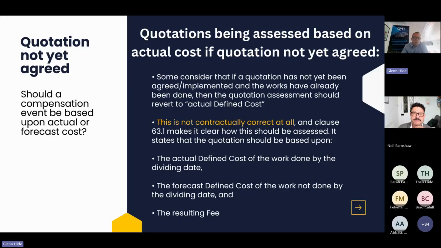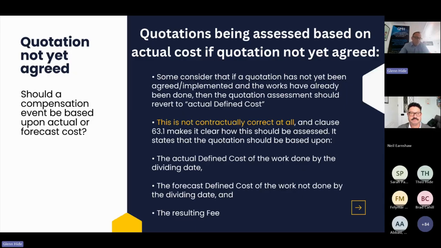Yeah. So I think the common misconception is that clients often might sit on a quotation and then think, well, if we haven't yet agreed the quote, we can switch to actual cost if it suits us. But then really weirdly, when the actual cost is more than the quote, then all of a sudden they want to follow the rules and follow the quotation process.